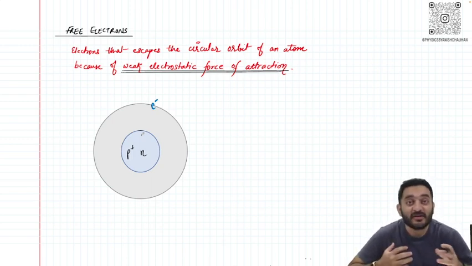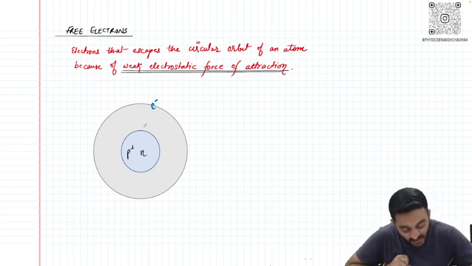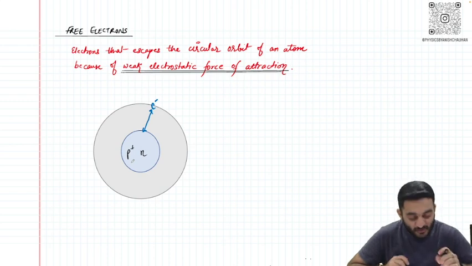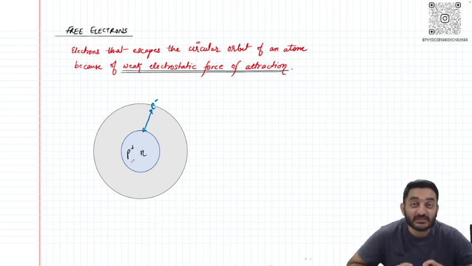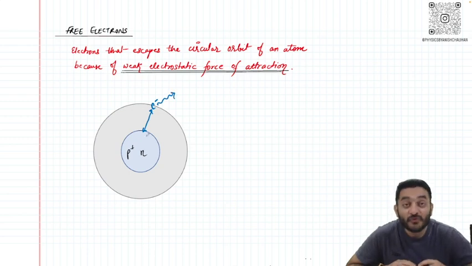There is an attractive force between them, because we know that unlike charges always attract each other. But if this attractive force, which means the electrostatic force over here, is not very strong, then this electron will set itself free.